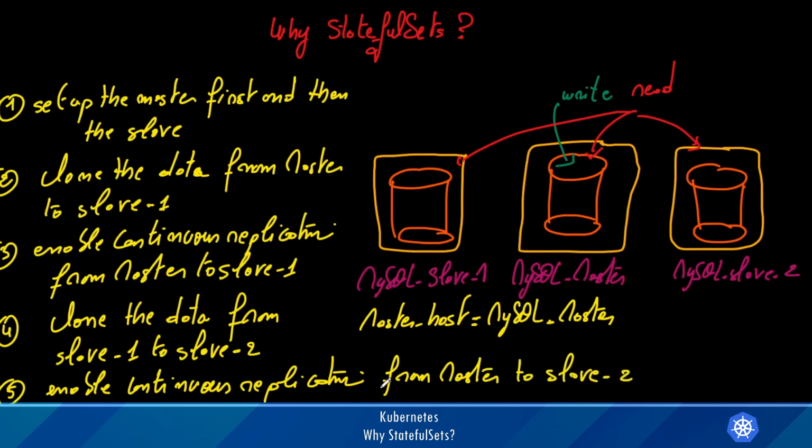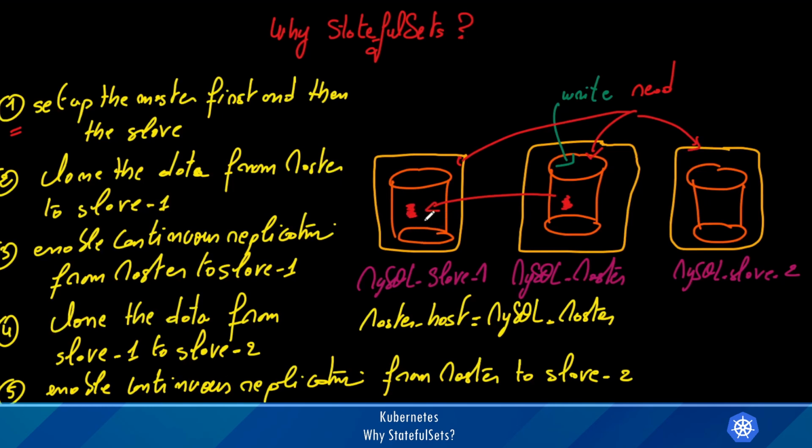So the first thing that we have to do is to set up the master first, and then we have to clone the data from master to slave 1. The data written to the master should be cloned to slave 1. Then we have to enable continuous replication from master to slave 1, so any data written to the master should be duplicated on slave 1. In step 4, we have to clone the data from slave 1 to slave 2.